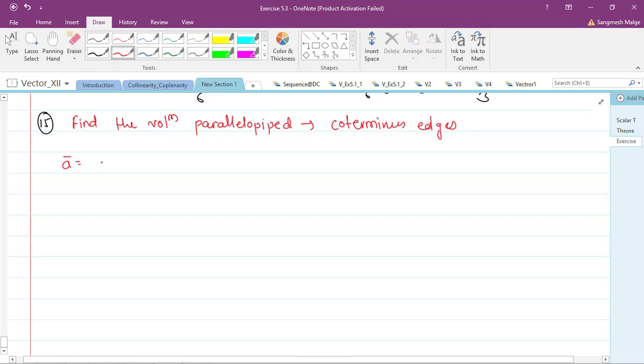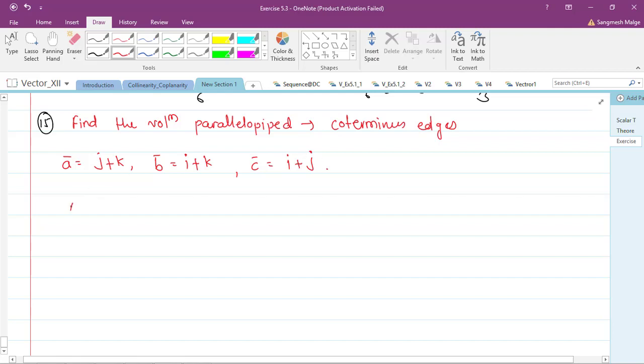So A bar is equal to J plus K, B bar is equal to I plus K, and C bar is equal to I plus J. These are the coterminous edges of the parallelepiped.